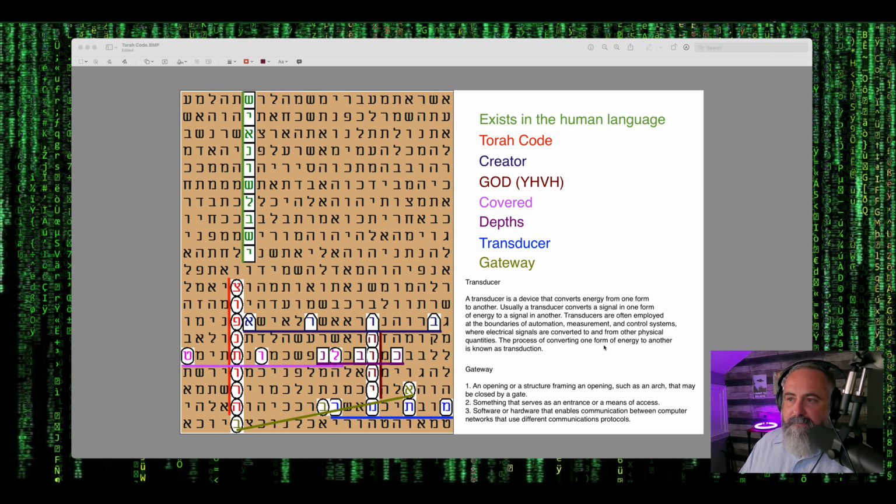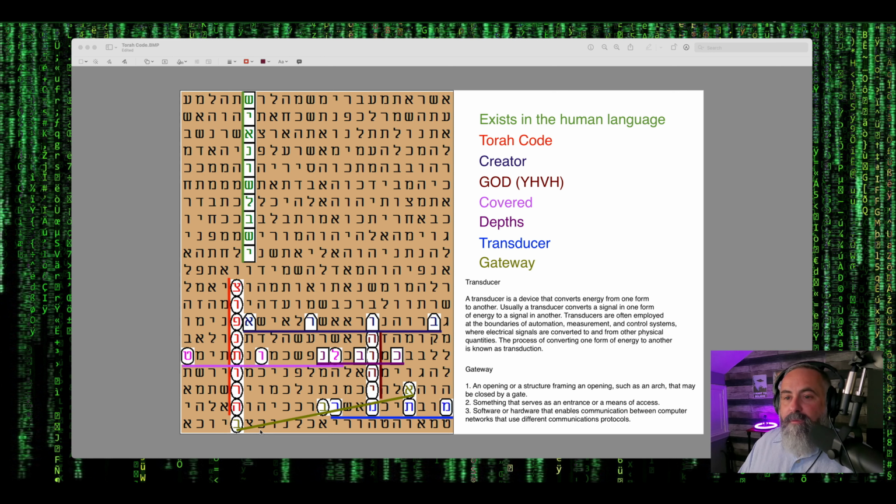The process of converting one form of energy to another is known as transduction. Now, when you think of this as a simulation and you think about that meaning of it converting one form of energy into another, it's literally describing to us how the simulation works.